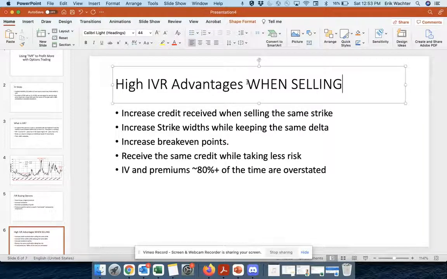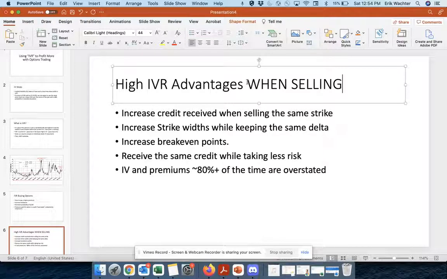So you can think of a 20 delta put, your probability of profit is going to be around 80%, because a 20 delta means that you have a 20% chance of being in the money if you're buying the option. But here we're selling it, so you would do 1 minus the delta of 20, and that gives you an 80% chance roughly of staying out of the money.